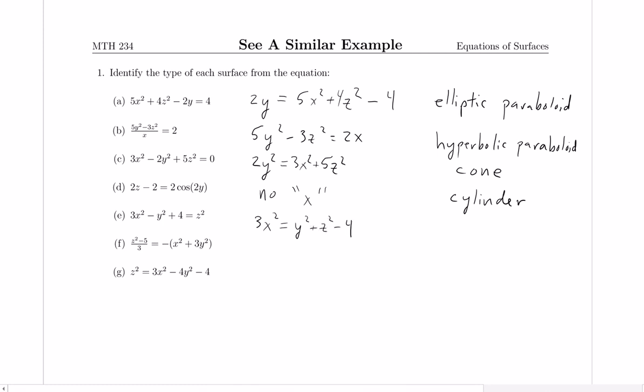So we get a negative sign on the constant term, but we've avoided all negative signs on the coefficients of the variables. So look at this form. We have one variable on its own side, and it's squared. The other two variables are on the other side of the equation, both squared, both with positive coefficients. And then we have a negative constant on that side of the equation too. And this should tip you off that this is a hyperboloid of one sheet.